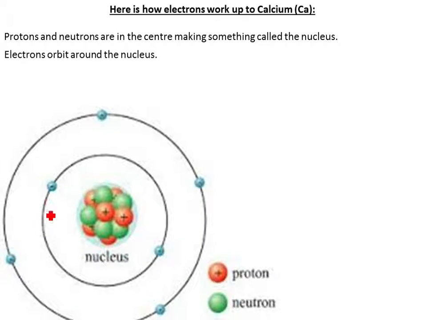We can see there's 1, 2, 3, 4, 5, 6. We know that this is an atom. There's 6 electrons. There are also 6 protons. And the protons determine what kind of atom it is. So we look at our periodic table and we look at the proton number. And 6 makes carbon, meaning that this is a carbon atom.